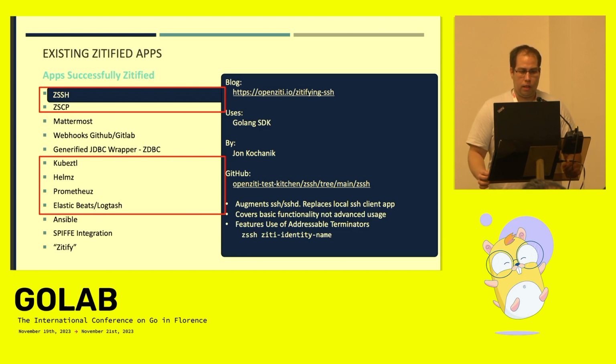Also, these are existing zitified applications that we made. The ones in red are using the Golang SDK. You can see here some of the links where you can see, for example, SSH or kubectl, Helm, Prometheus, Elasticsearch. It's all zitified using the Golang SDK.